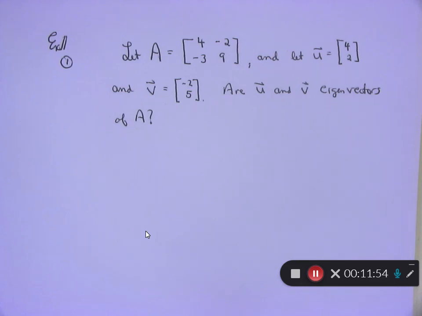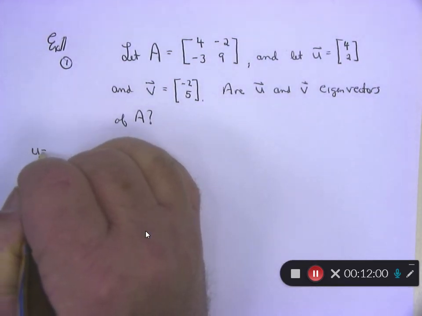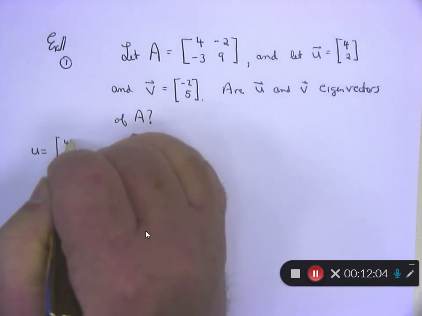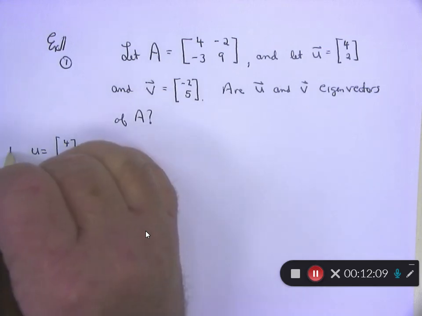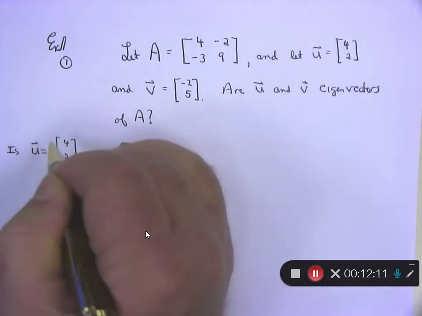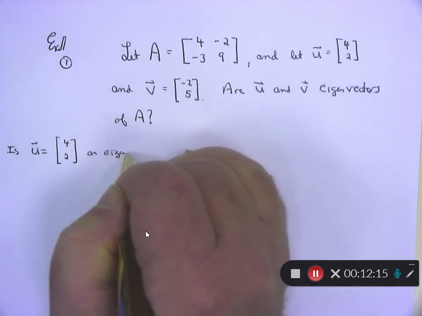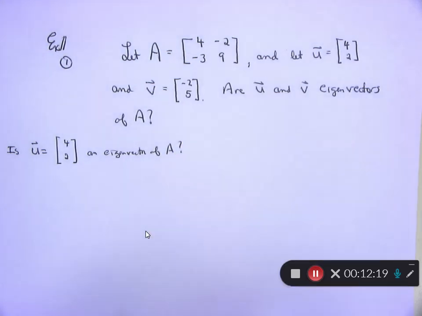So, here we go. Let's talk about U. So vector U is equal to the vector (4, 2). The question is, is U, the vector (4, 2), an eigenvector of A? That's really the gist of the question.